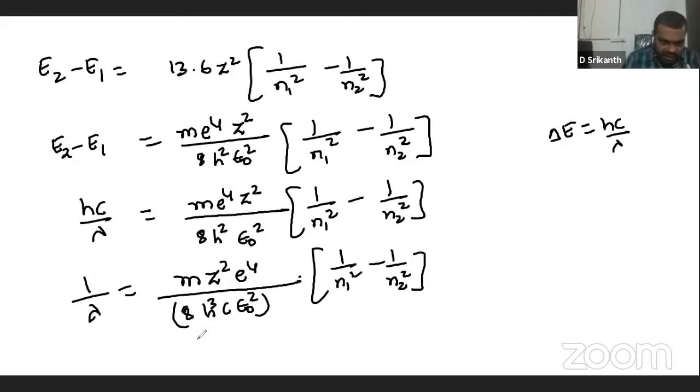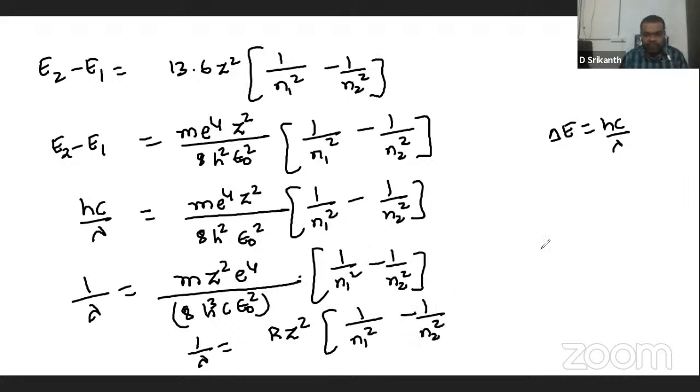Except Z square, all the remaining terms are constants. So I can write R Z square times 1 by n1 square minus 1 by n2 square, where R can be called the Rydberg constant.